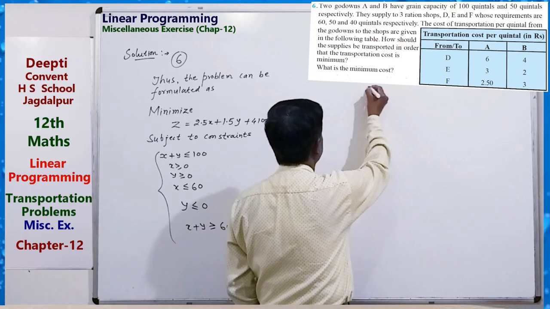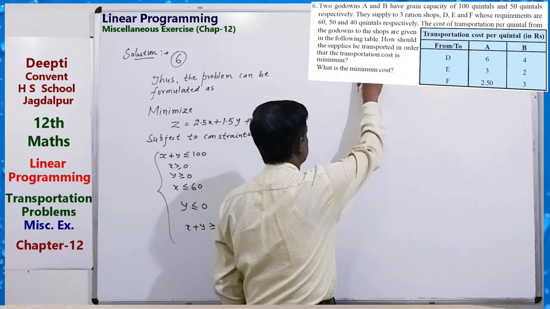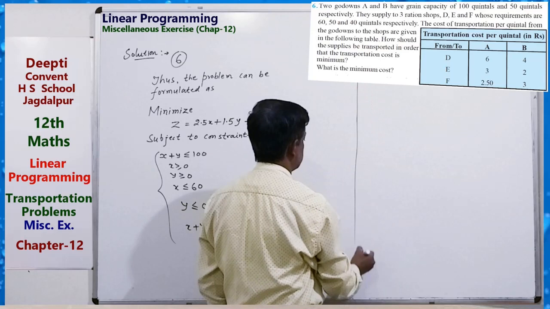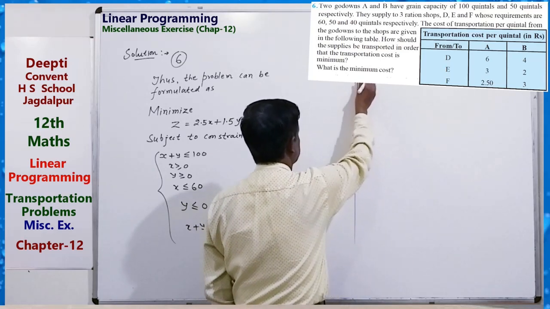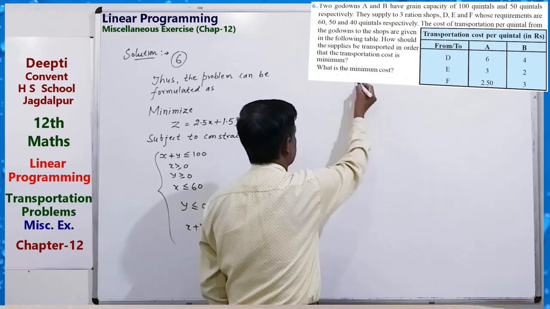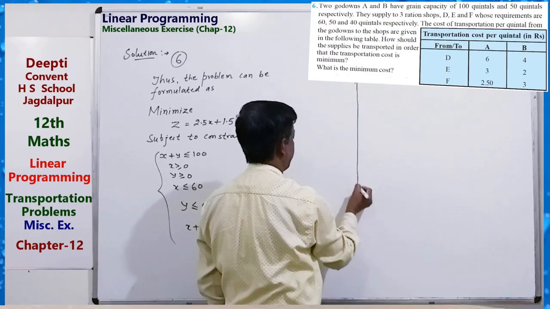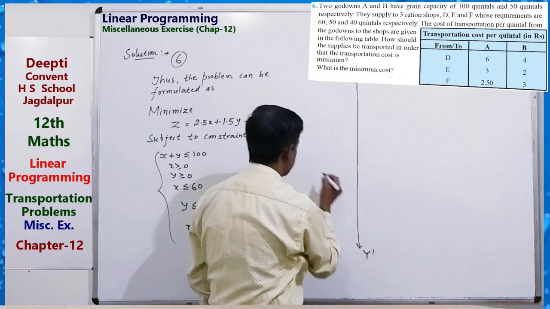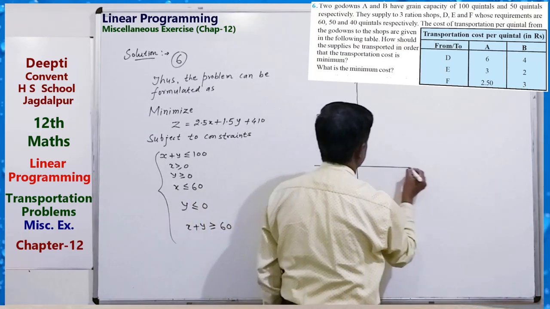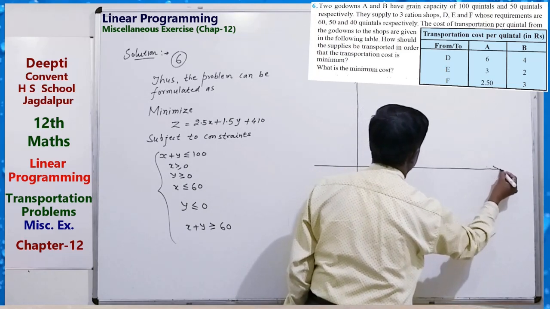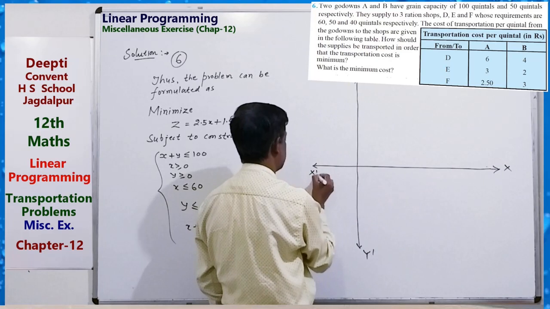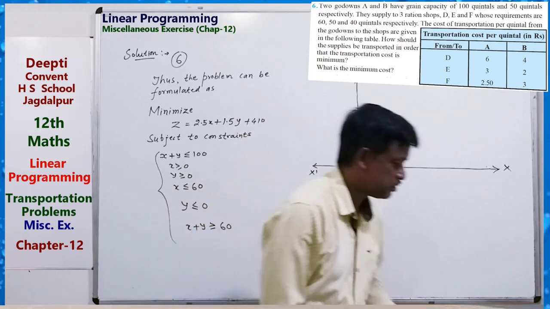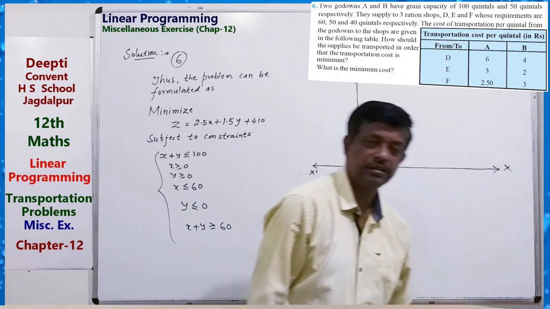So here just draw the graph. For drawing the graph, suppose this is the y axis, and this is the x axis. This is the origin. Clear?